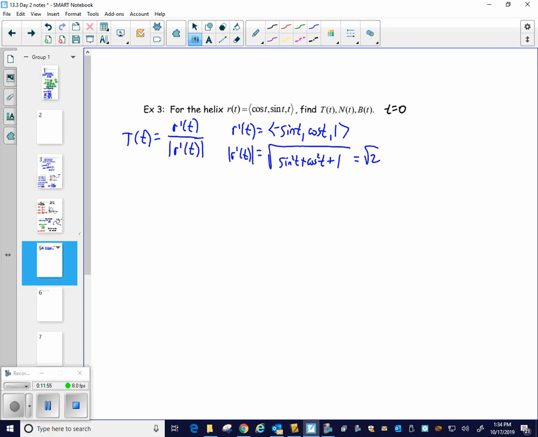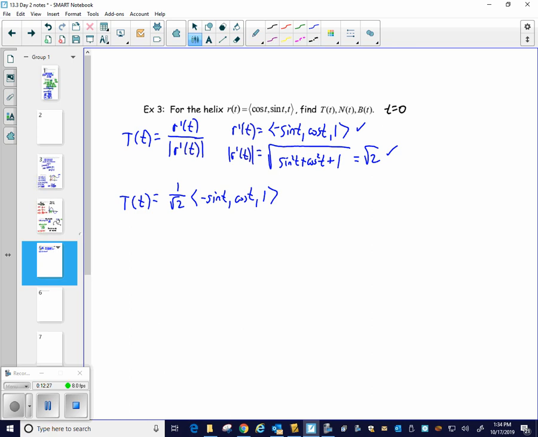So then to write the actual unit tangent vector, it is r'(t), which is this vector, divided by its magnitude, which is root 2. So instead of dividing each piece by root 2, we can write it as 1 over root 2 times negative sine t, cosine t, 1.